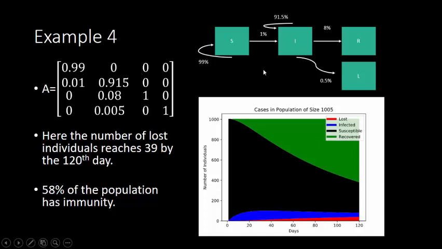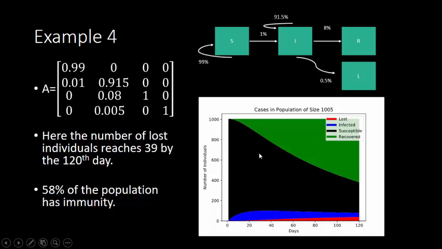Using that diagram, you may pause the video to get an idea for those numbers. Again, if insects appear in the recovered group, they remain in the recovered group, and similarly for lost insects.